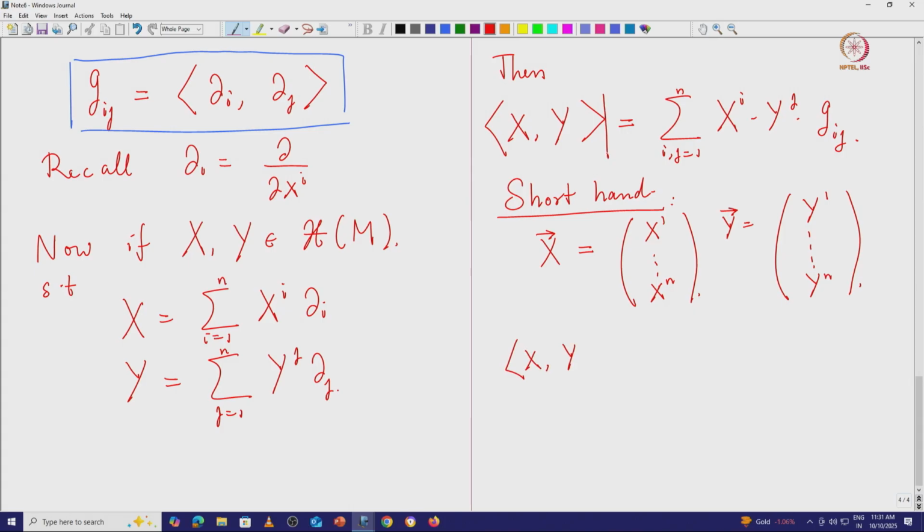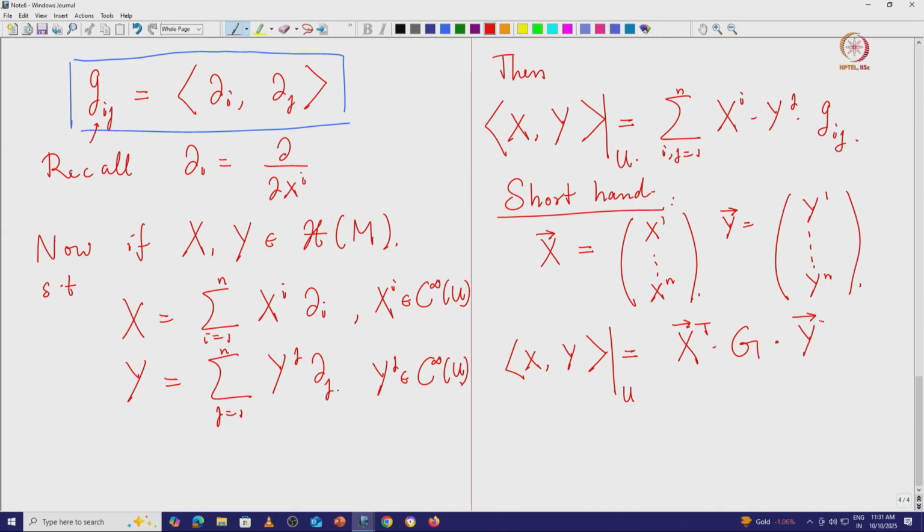So this is of course all happening on this coordinate chart U, where the x^i's are smooth functions on U and the y^j's are smooth functions on U. Then, restricted to U, this is precisely the transpose of this vector times this matrix capital G, whose components are given by g_ij, times the vector y.